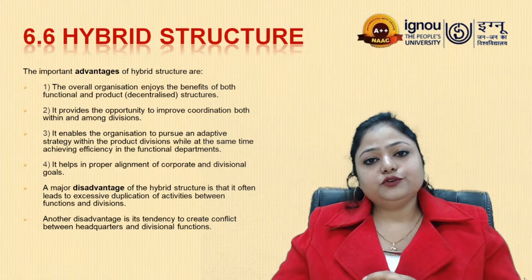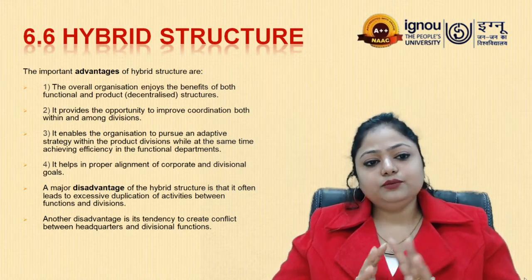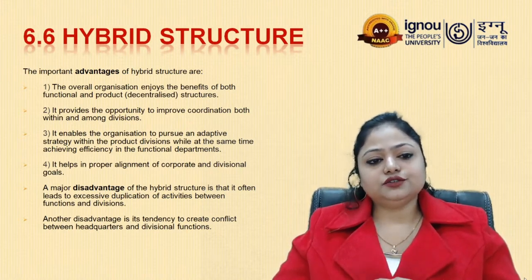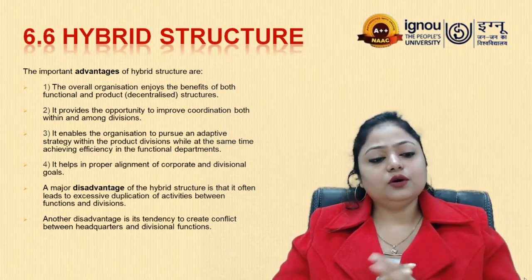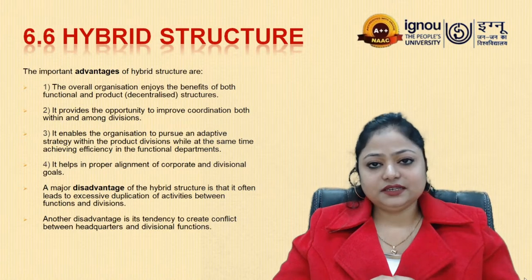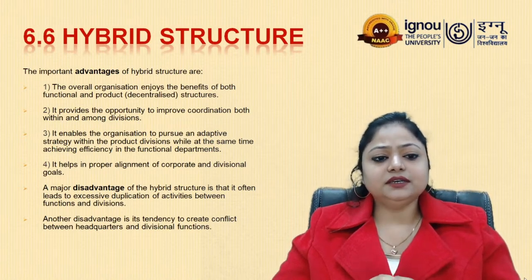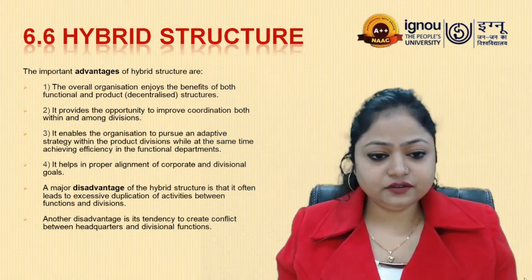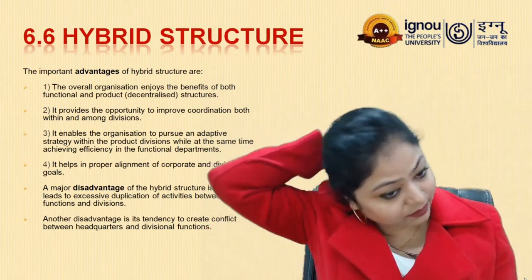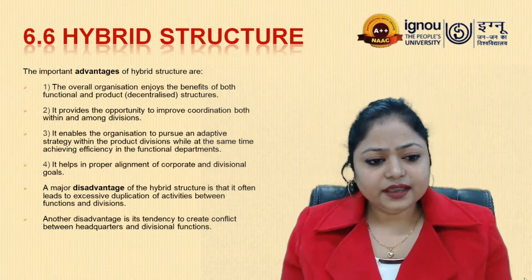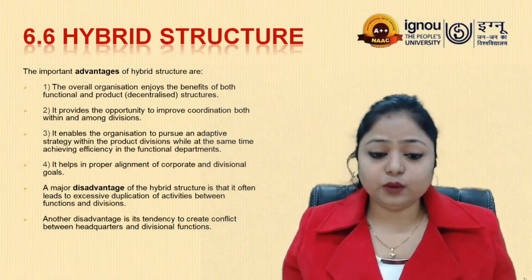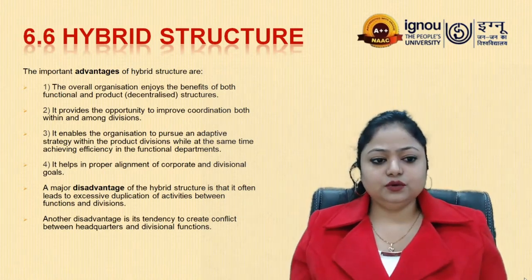It provides the opportunity to improve coordination both within and among the divisions of the organization. The hybrid structure also enables the organization to pursue an adaptive strategy within the product divisions while at the same time achieving efficiency in the functional departments. It helps in proper alignment of corporate and divisional goals.